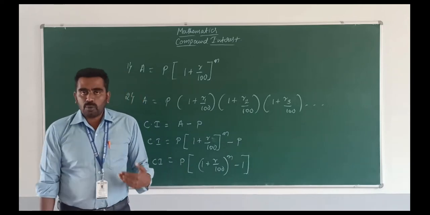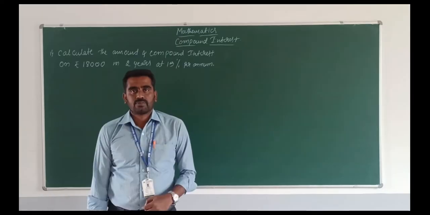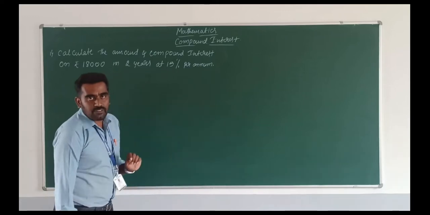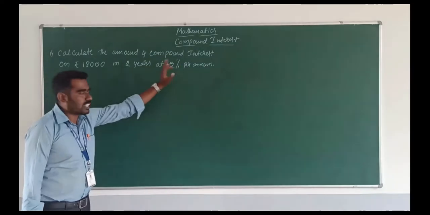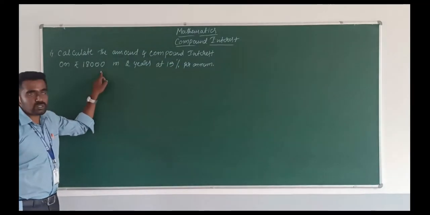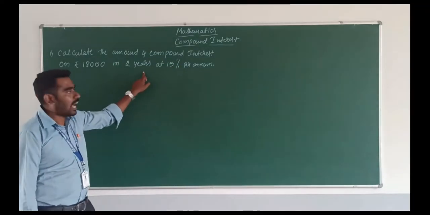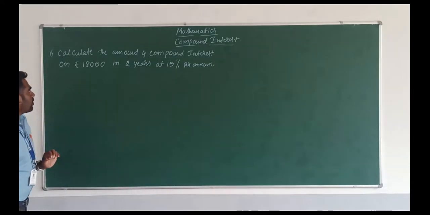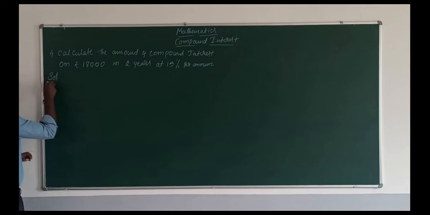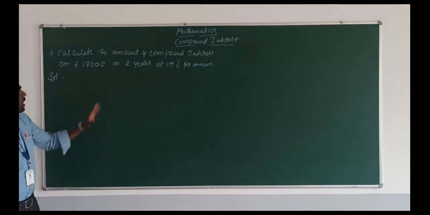The first problem is: calculate the amount and the compound interest on rupees 18,000 in 2 years at 15% per annum. Now we have to write the given items first.